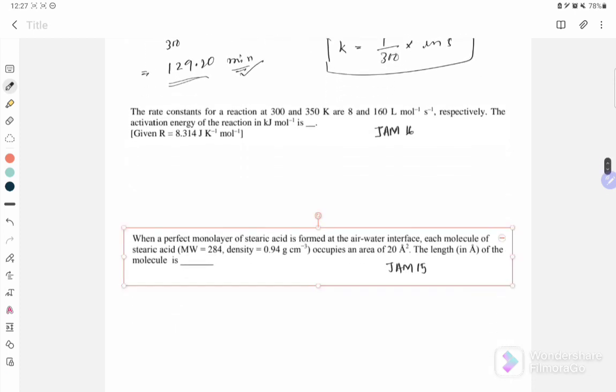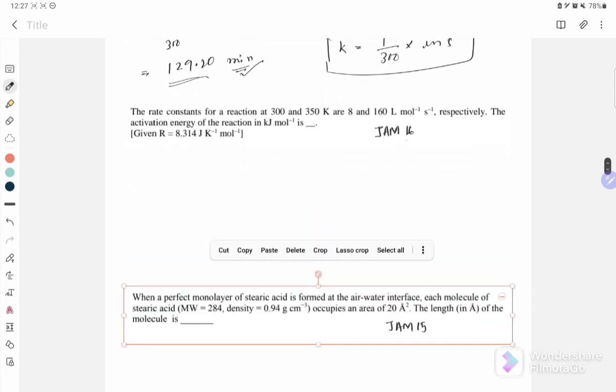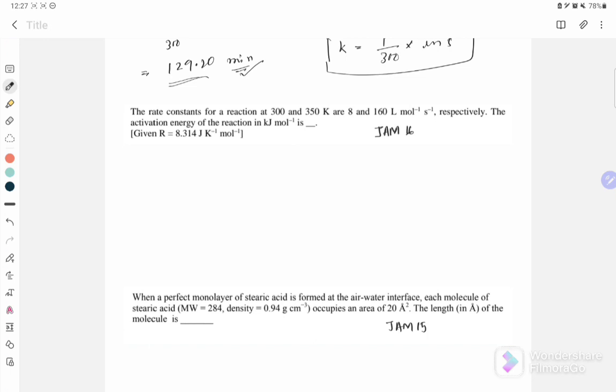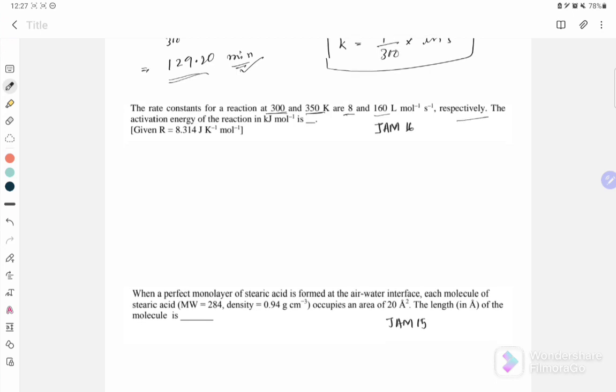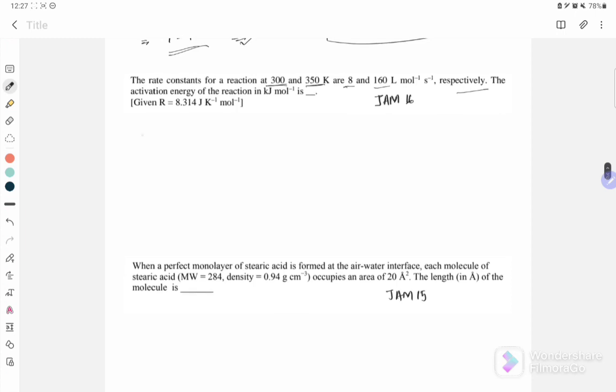Next question is from JAM 16. The rate constants for a reaction at 300 Kelvin and 350 Kelvin are given as 8 and 160 liter per mole per second respectively, and we need the activation energy. From the Arrhenius equation, K is equal to A e to the minus Ea by RT.